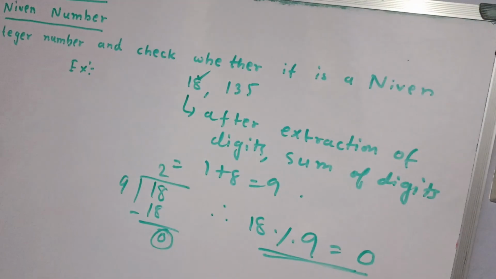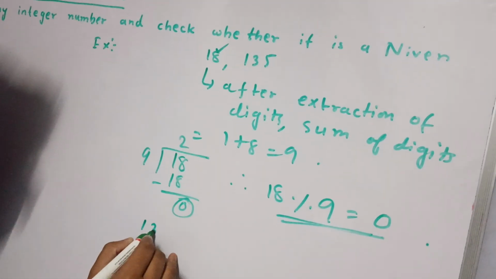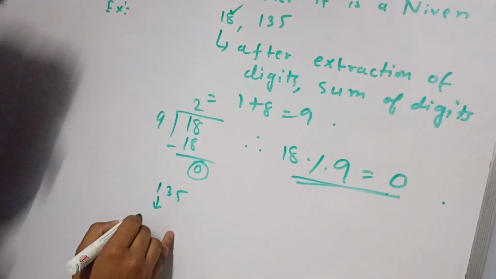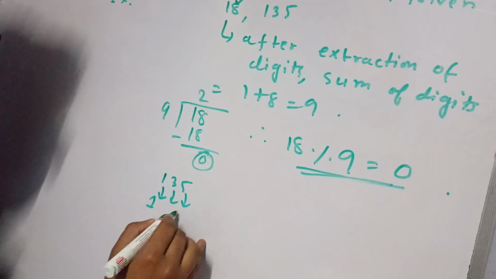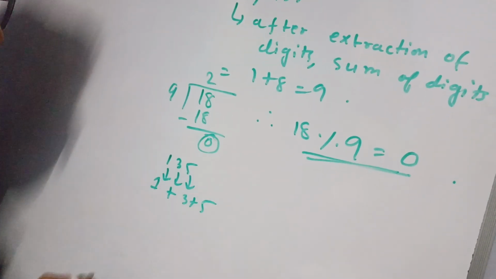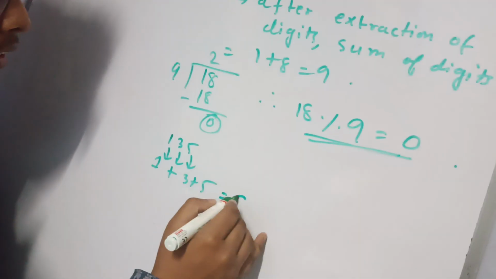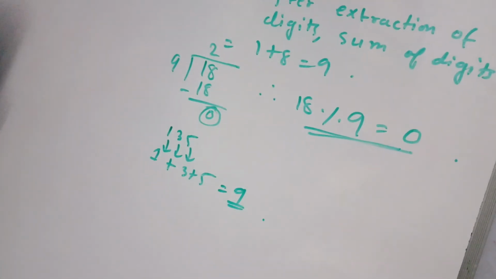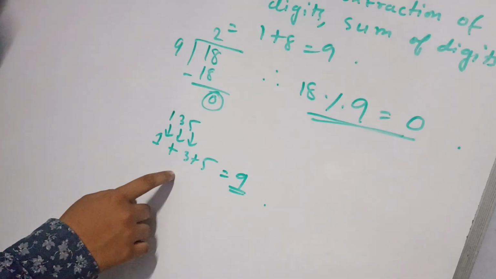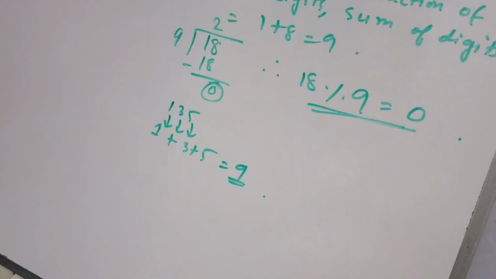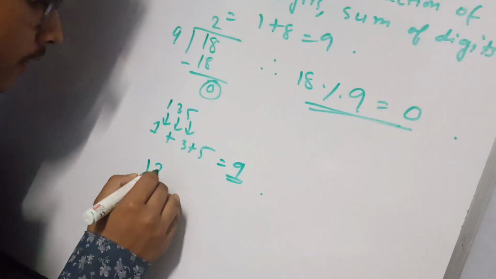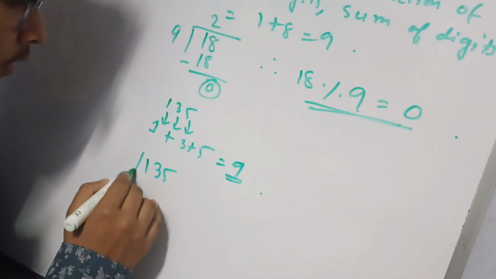Now you see 135. Let's check. Let's extract the digits 1 plus 3 plus 5. After extraction of digits, we will find the sum of the digits. 1 plus 3 is 4, 4 plus 5 is 9. Now let's divide 135 by 9.